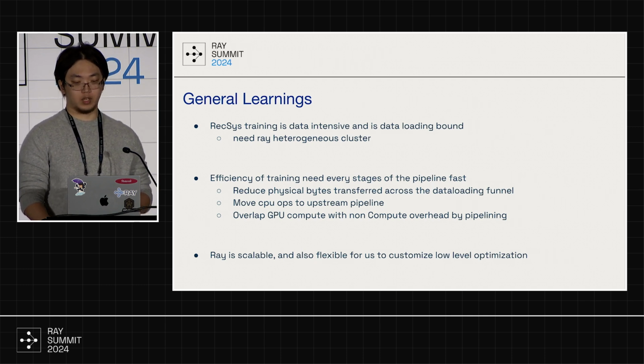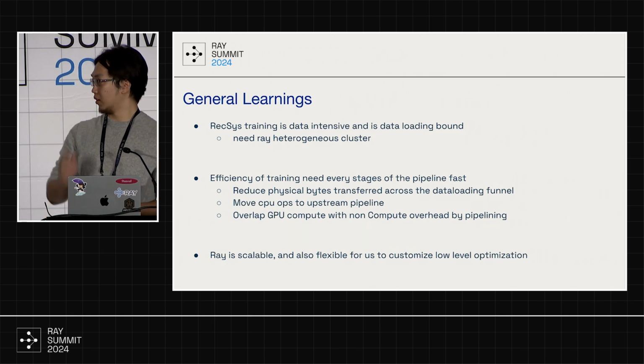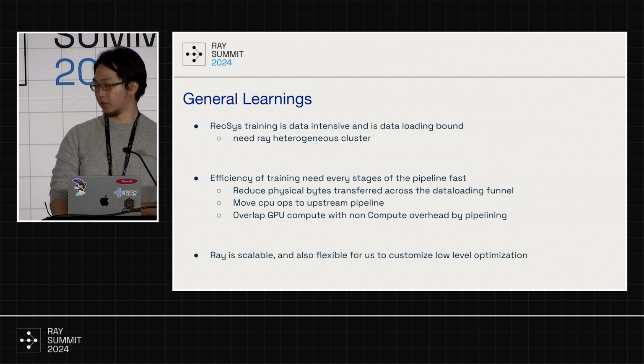Some of the useful tips we discovered are that we want to reduce the physical bytes needed to be transferred across the entire funnel. For all of the CPU operations, we want to move as many of them as possible out from the GPU process into the pipeline itself.